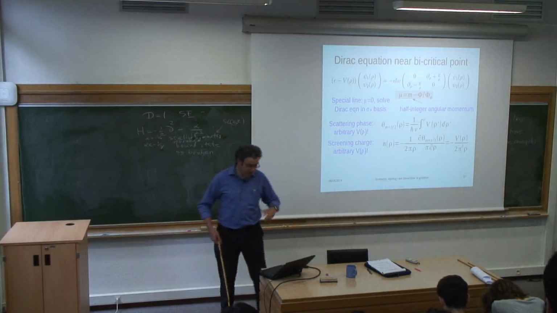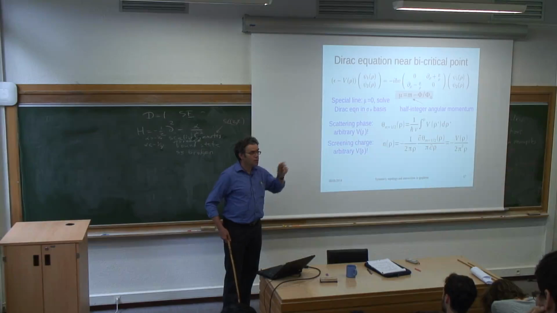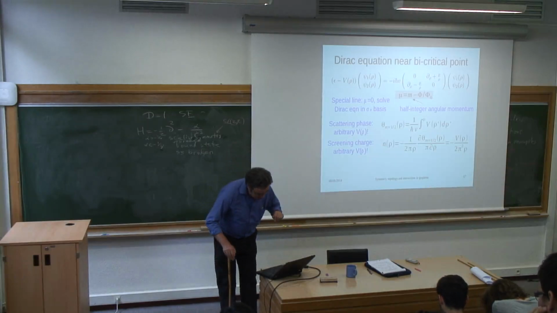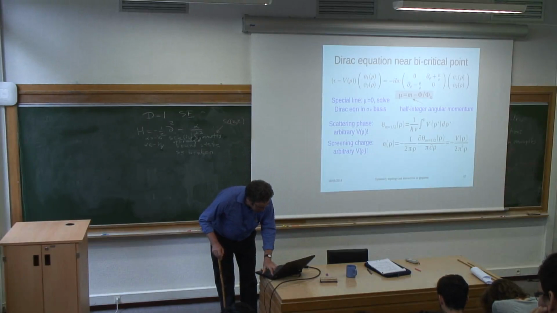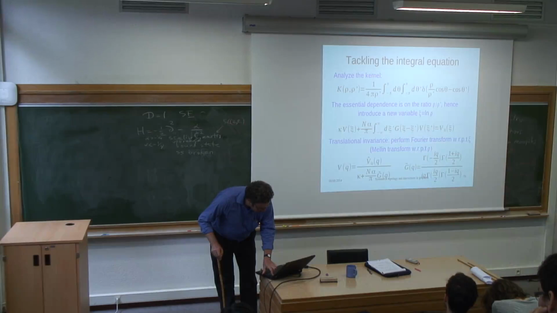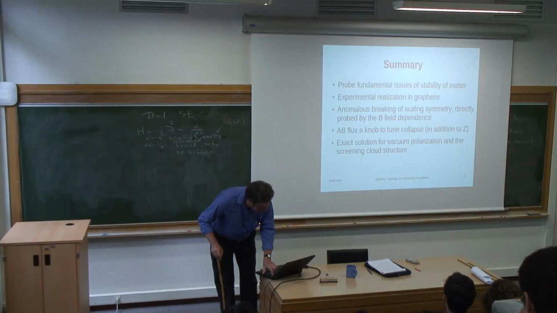And then from that you get a screening cloud that behaves as a power law, and you can solve the integral equation and get the exponent for that power law exactly. It's not too hard. It's a bit cumbersome to explain, so let me skip this.